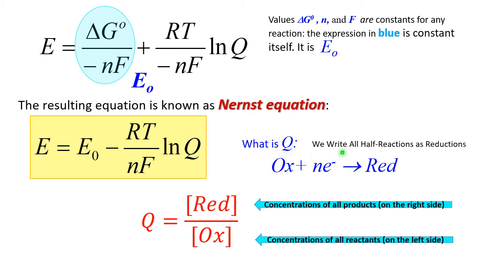What is Q in this case? We write all half reactions as reductions, so we draw the line. Above the line will be the concentrations of all products, so on the reduced side. Below the line will be the concentrations of all the reactants on the left side.